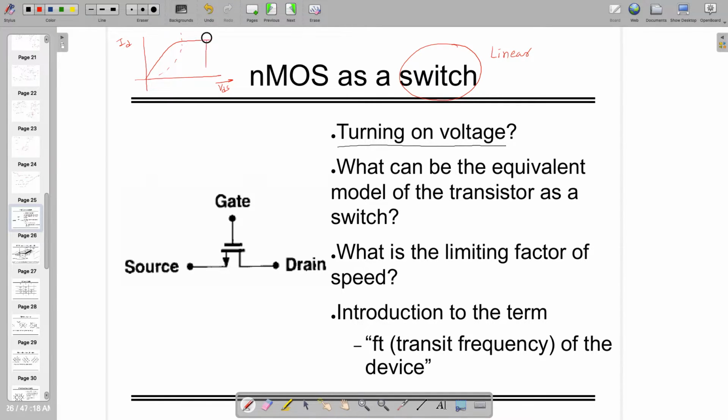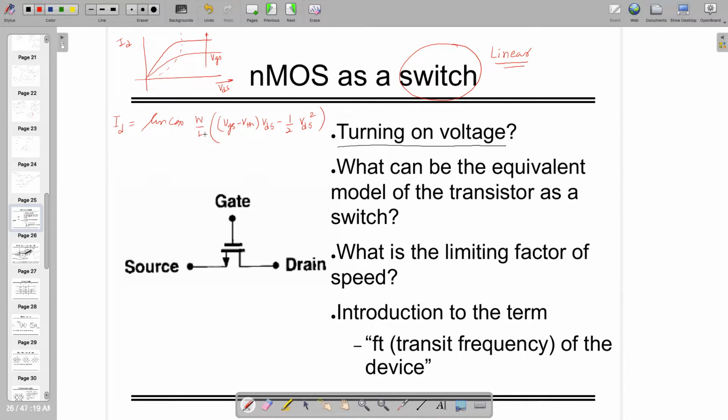Different values of VGS will give you different curves, right? Something like this. So if you are in linear mode, this will act as a switch. In linear mode, the equation is I_D equals mu_n Cox W by L, (VGS minus VTH) VDS minus half VDS square.